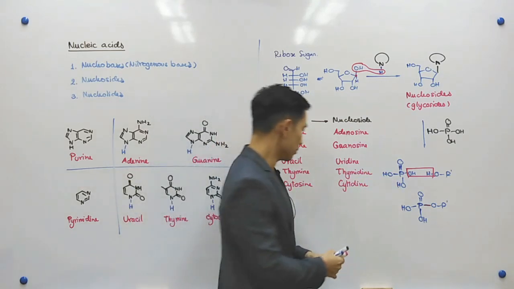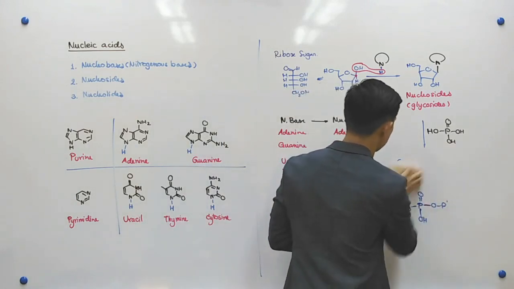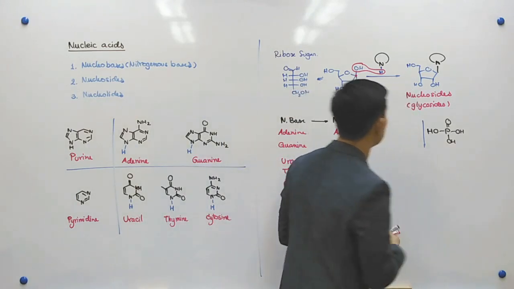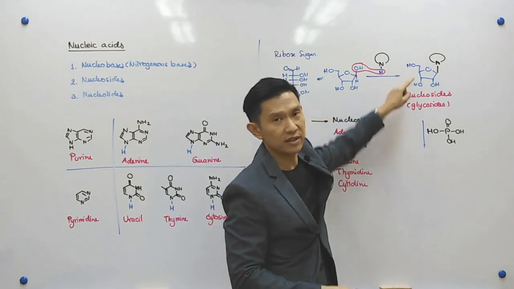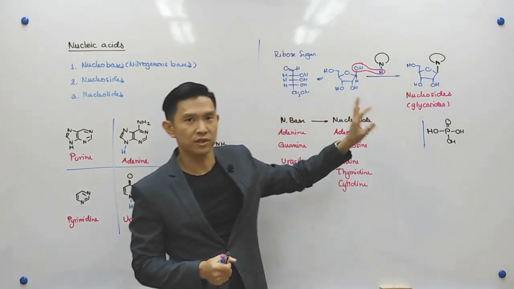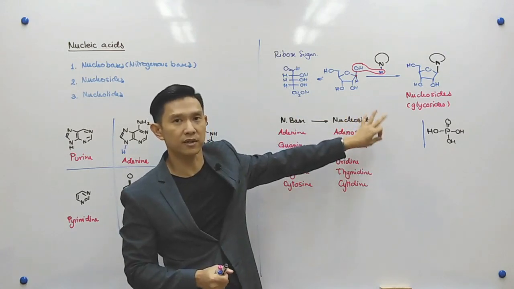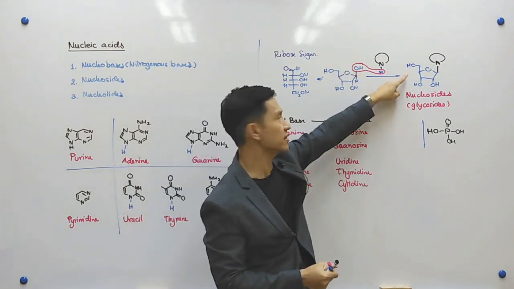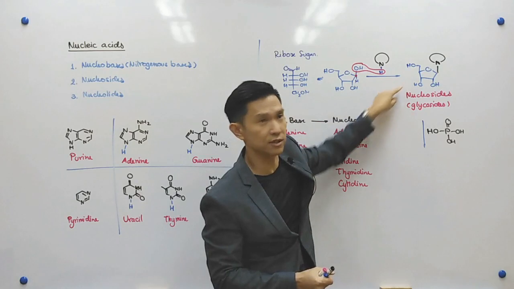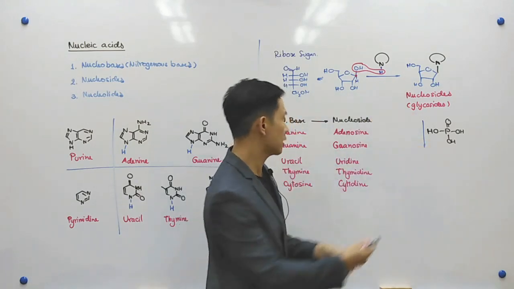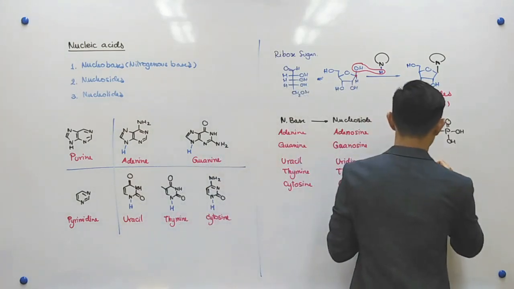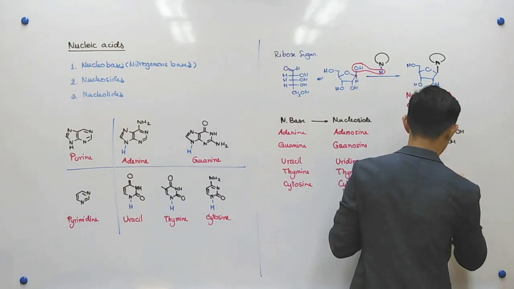Okay? So here you come back to the process. We have OH over here. The enzyme actually does the job, right? Because there are three possible OH to be condensed, but the enzyme chooses this OH to be condensed with the phosphoric acid. So I will draw the structure of the remaining part like this.